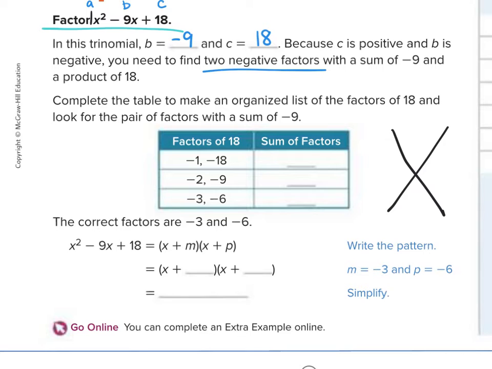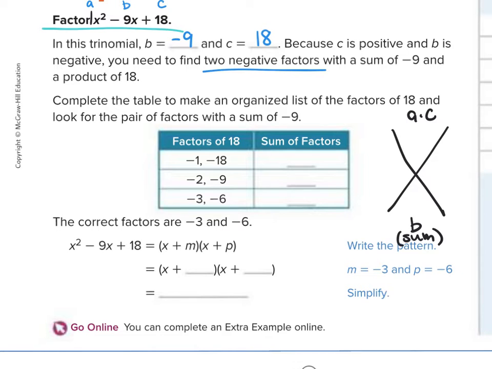We want them to have a sum of negative 9. That is the B, so my B goes here. That's sum, or add. Now the top number is A times C. So write that above there.